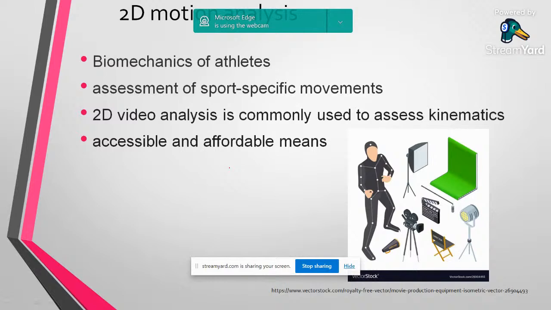and quantitatively we can find out the speed of that particular movement, and using that particular movement parameter we can calculate the other parameters also. And as you know, this is the most affordable means.